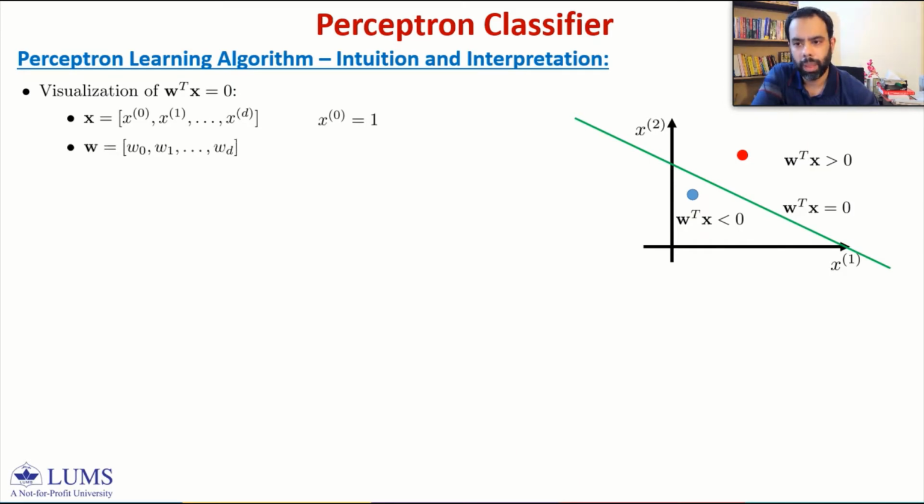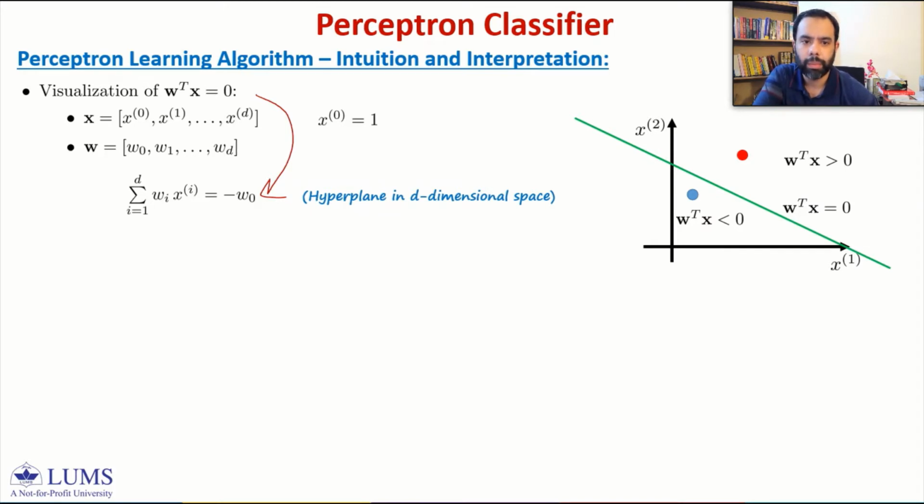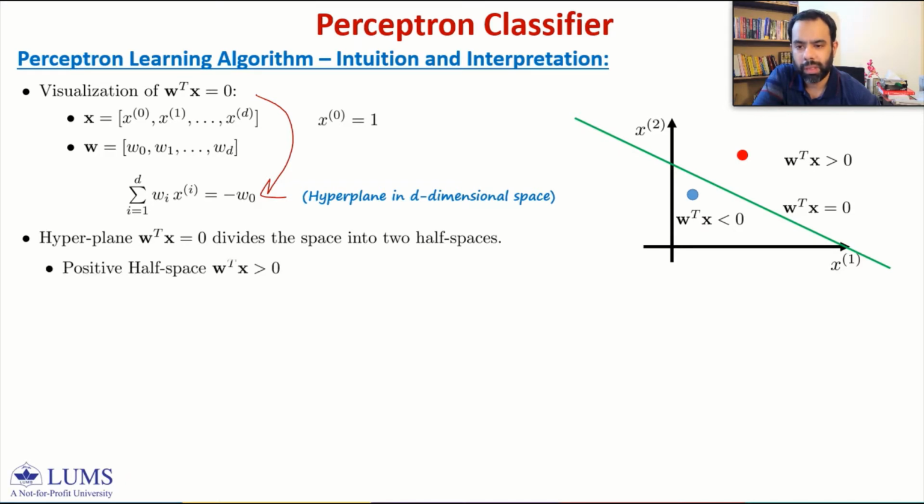And if I write w transpose x is equal to 0 in this form, what is this? This represents a hyperplane in d-dimensional space. We have talked about this multiple times. And we know that this hyperplane divides the d-dimensional space into two half spaces: the positive half space, w transpose x is greater than 0, and the negative half space, w transpose x less than 0.